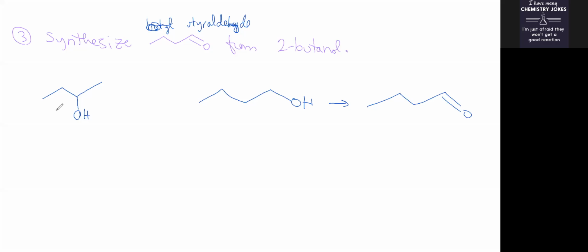We could turn our secondary alcohol into maybe a bromide, and then turn that into an alkene on the end, and then turn that into an alcohol on the end. This is one way to do this.